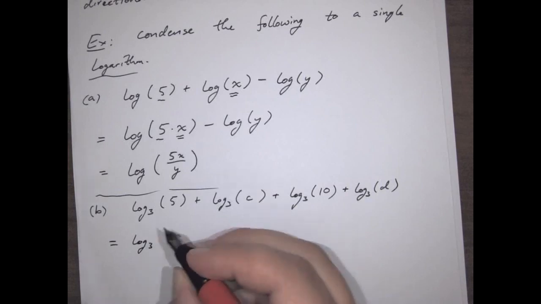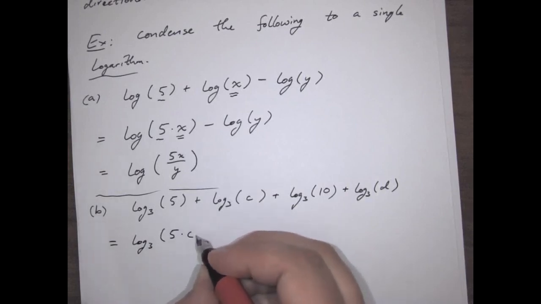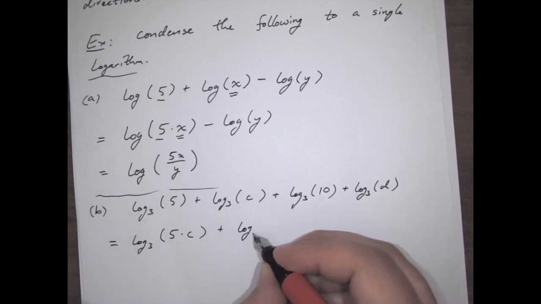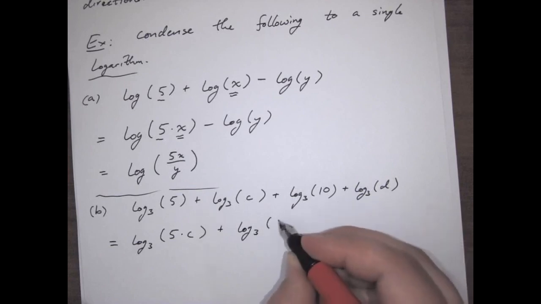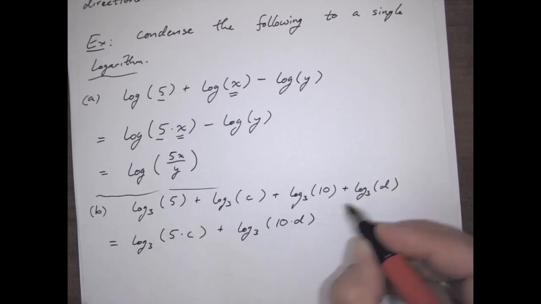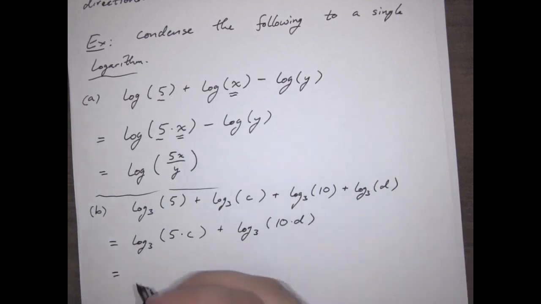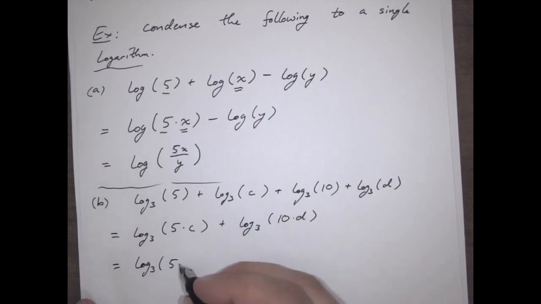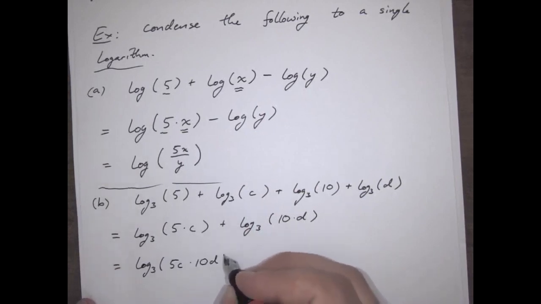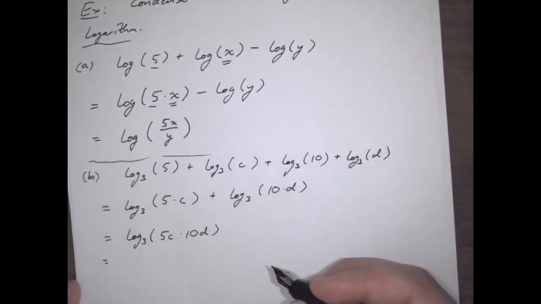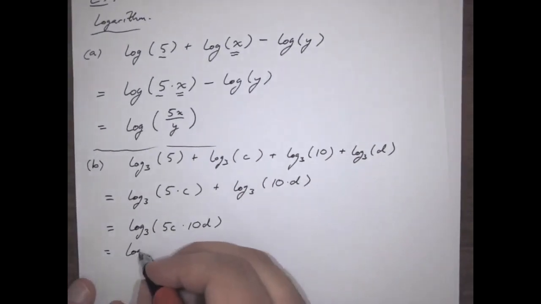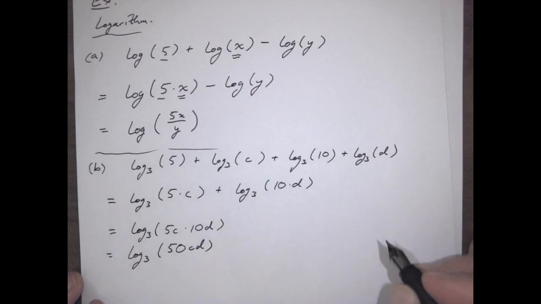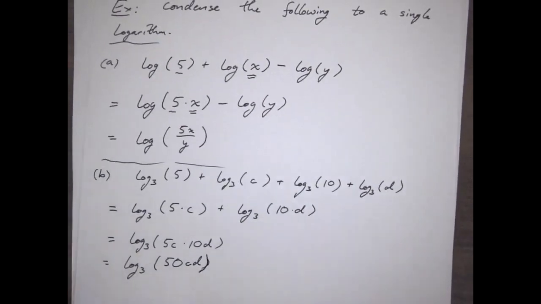So it's going to be log base 3 of 5 times c plus log base 3 of 10 times d. And then here, once again, I can put those all together. So this is equal to log base 3 of 5c times 10d, which is actually just going to equal the log base 3 of 50cd.